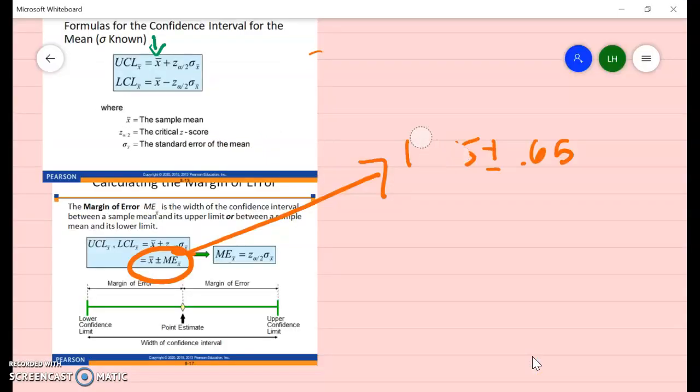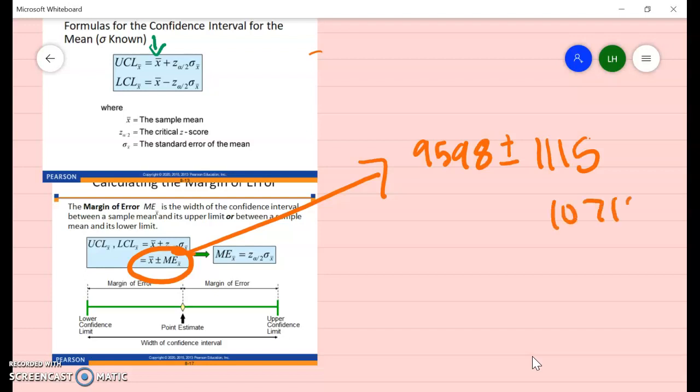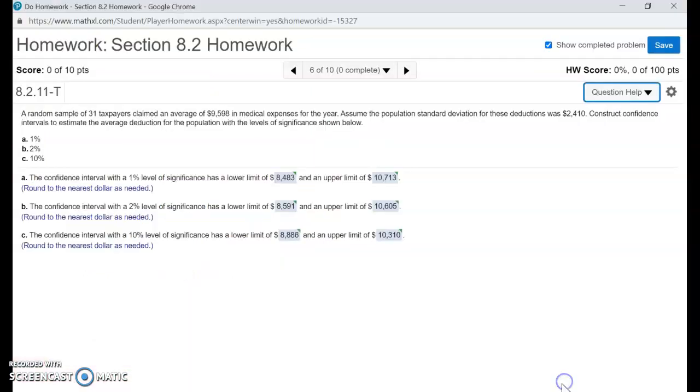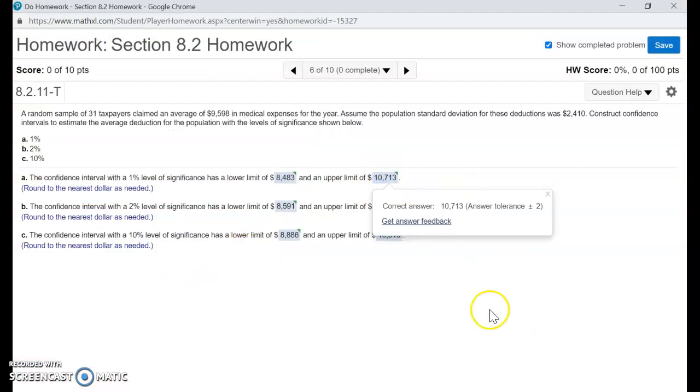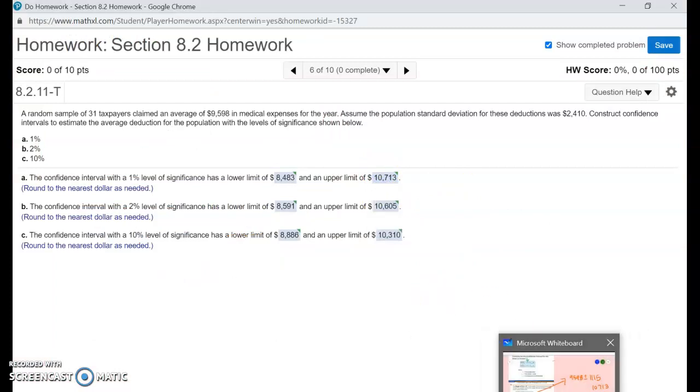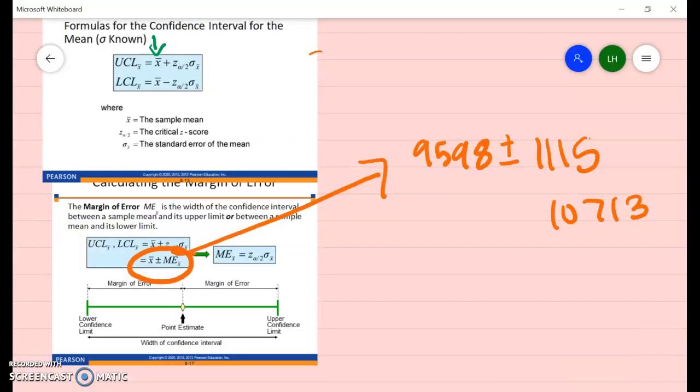So 95.98 plus or minus 1115. If you do 95.98 plus 1115, you're going to get 10,713, which is what we get here. And then if you do 95.98 minus 1115, you're going to get 84.83.